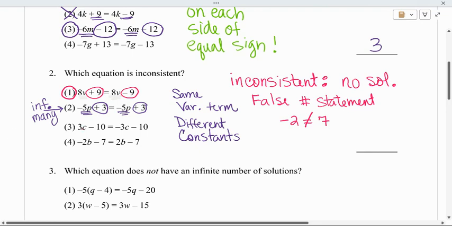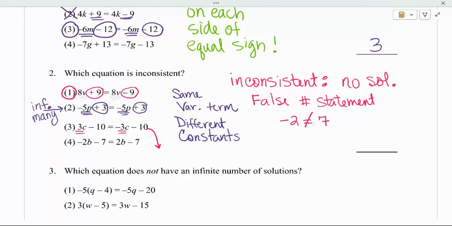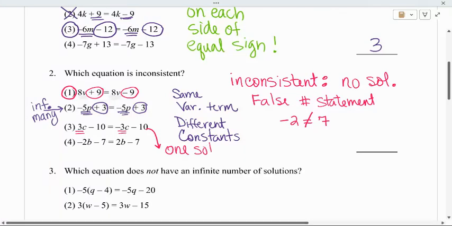What about this next one? Do we have the same variable terms? Are those the same? Yes or no? Is 3c the same thing as negative 3c? No. So when we have different variable terms, we know that we're going to have only one solution.